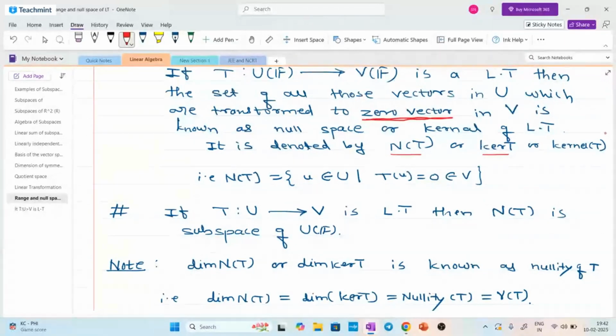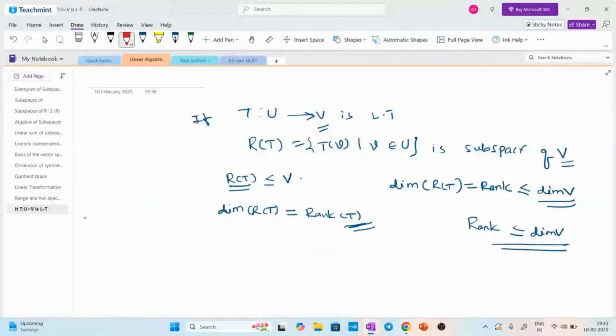N of T is equal to the set of vectors small u belonging to the vector space capital U such that their image is equal to 0, the zero vector in the codomain vector space, that is, belonging to V.